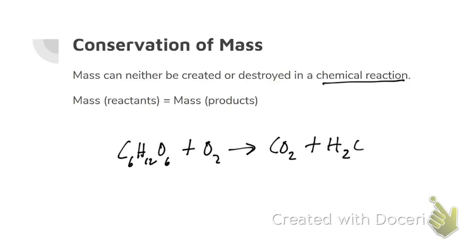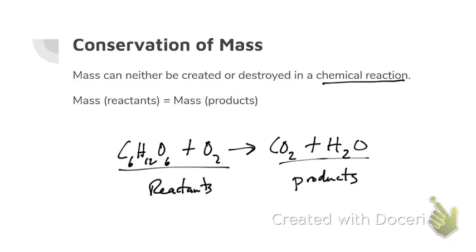This is like when you breathe in oxygen and you're working out and using up your glucose. This side is what we call the reactants, and this side is called the products. If, for example, you had 40 grams on this side, you have to produce 40 grams. The mass of the reactants has to equal the mass of the products.